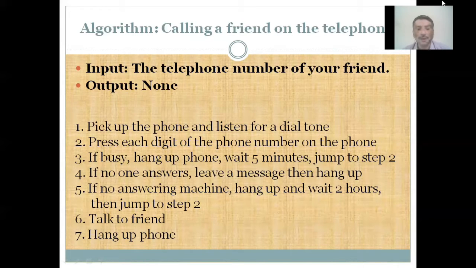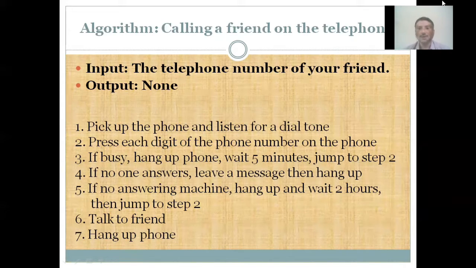So what do you need to do? The steps: pick up the phone and check whether there is a dial tone or not. If there is no dial tone, you simply hang up; you can't call your friend. If the dial tone is there, press each digit of your friend's phone number on the dialing pad.